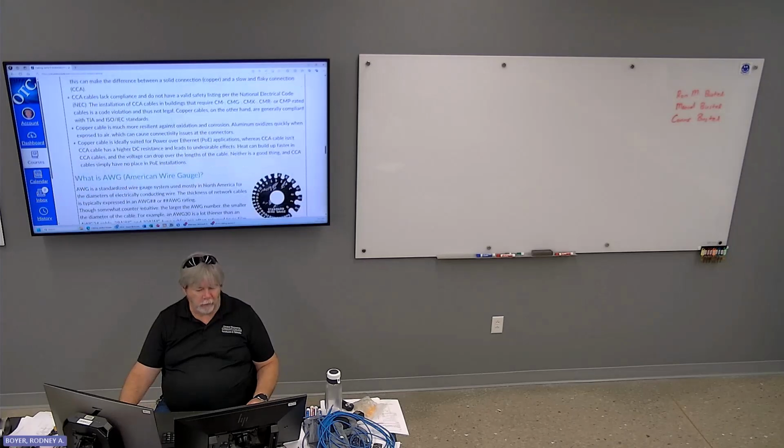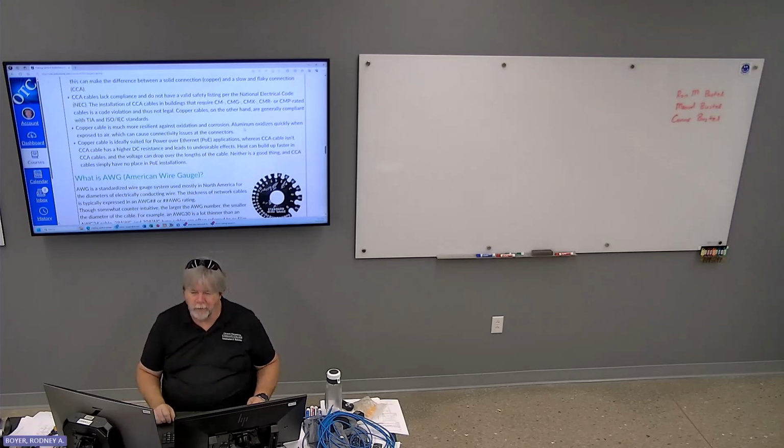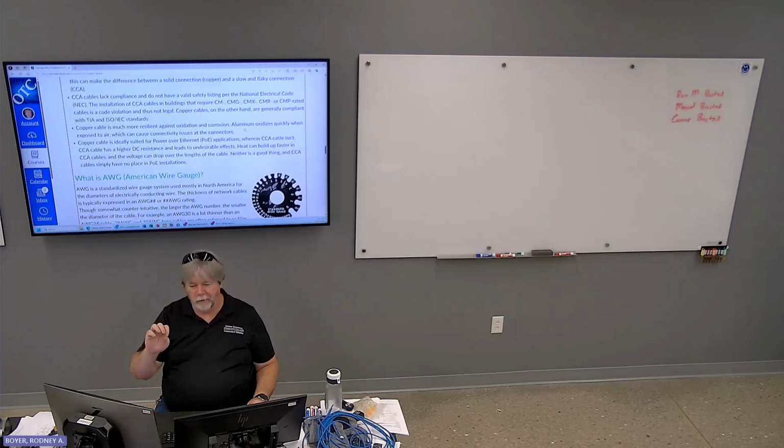Copper cable is much more resilient against oxidation and corrosion. Aluminum oxidizes very quickly when exposed to air. It's that white powdery substance that you see on aluminum if it's not been treated.